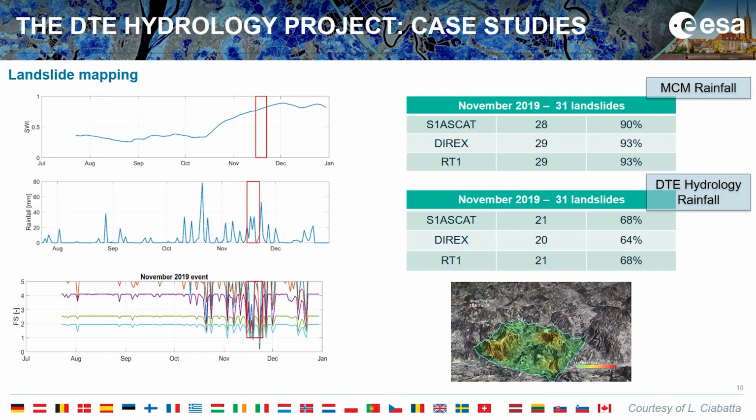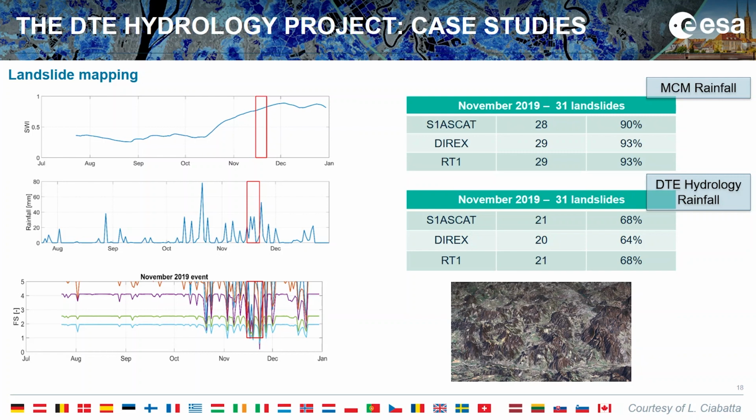Here I'm just showing results for one event, but it's useful to understand the main features of the method. In these plots, in the red box, there is a rainfall event, so the occurrence of a landslide event, sorry. And you can see we are looking at November, the year is 2019. When we detected the landslide, the soil water index, so basically the saturation of soil, was pretty high.